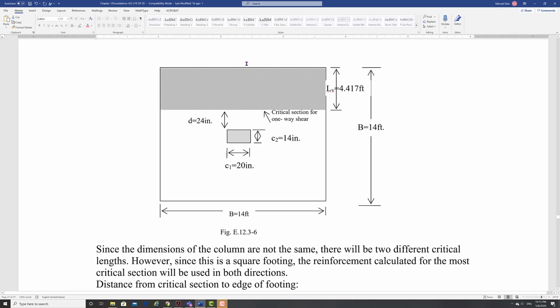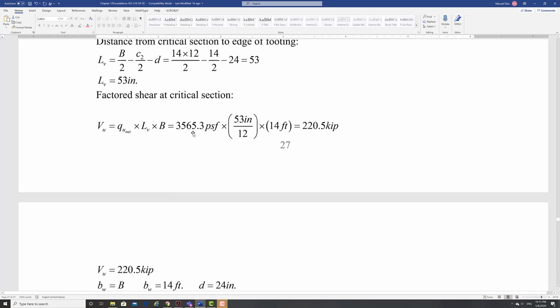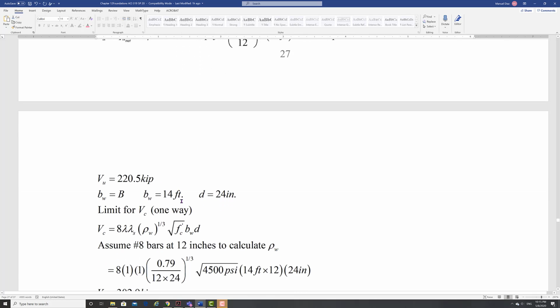But it's like a beam that has a width equal to 14, and that's why the bw is equal to 14 feet, because you are designing for this whole thing. So this whole thing is in cantilever, and that's why your bw is 14 feet. That's your b. Okay? So find the Vc now, one way.